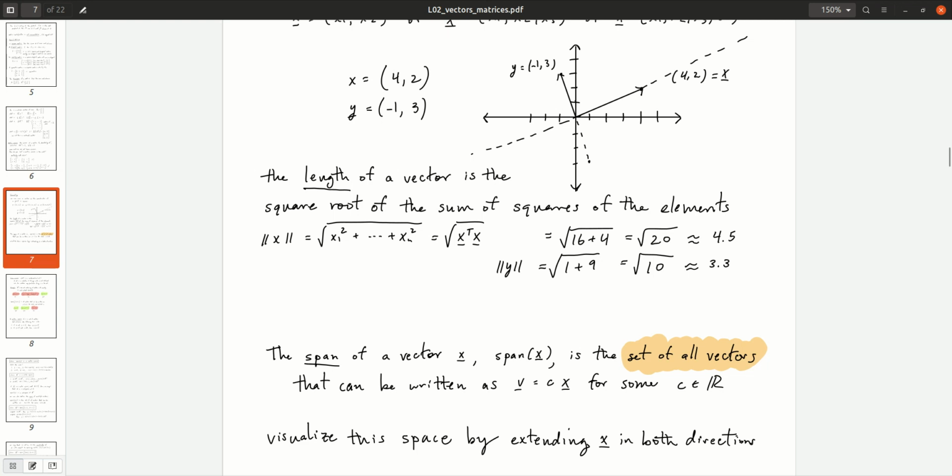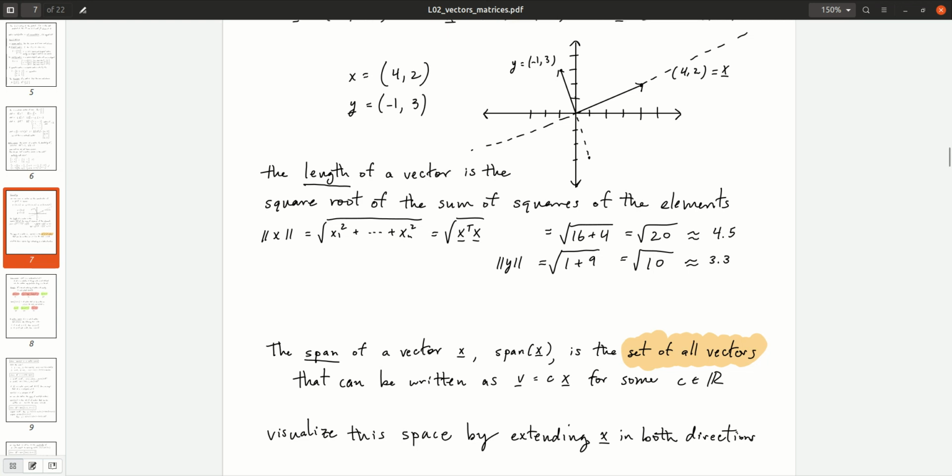So let's think about this. In the simplest case, if we do 0 times 4, 2, we get 0, 0, the origin. So 0, 0 is along the line, and therefore it's in the span of x. If we did 1/2 times 4, 2, we'd get 2, 1, and we're right along the line. If we did 2 times 4, 2, we'd get 8, 4, which is somewhere up here.